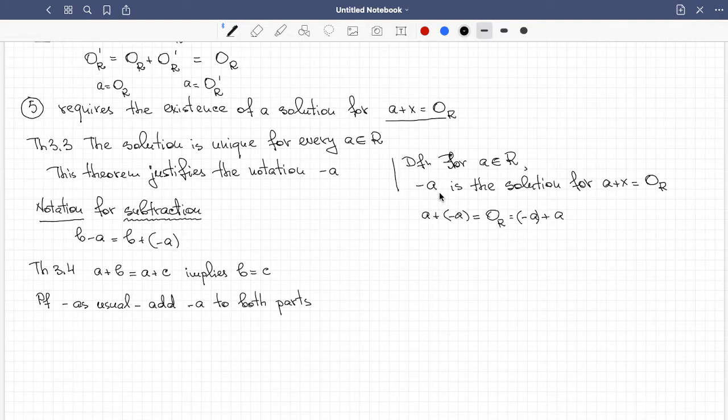Negative a exists and is unique by theorem 3.3, so we can do all that, and 0 plus b or 0 plus c is b or c by the defining property of 0. I will leave details to you to read in the book.